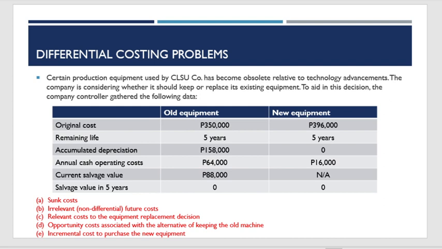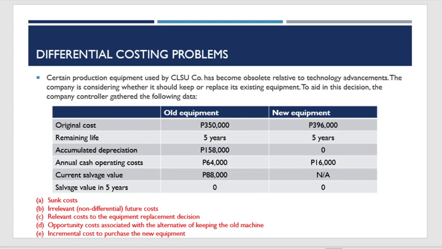So what's the answer? 16,000 cash operating cost, yun ay non-differential future cost. At saka yung salvage value in 5 years, yung 0. Diba? It is a future cost but it does not vary between alternatives. Yun yung answer for item B.